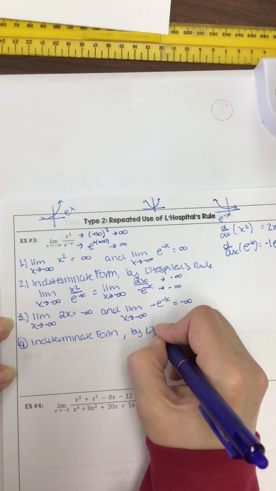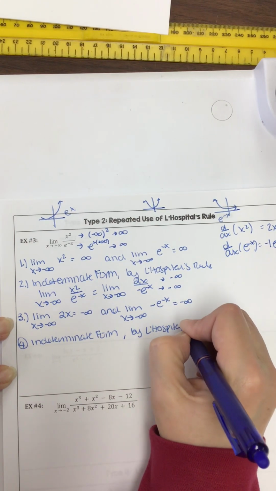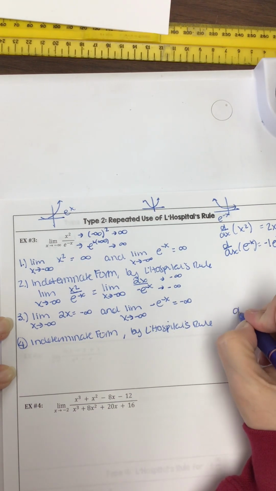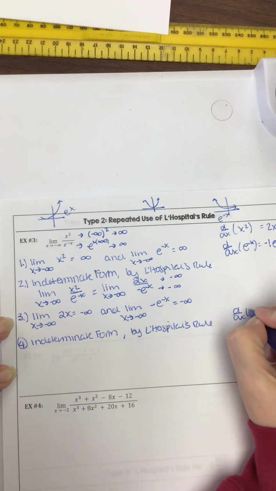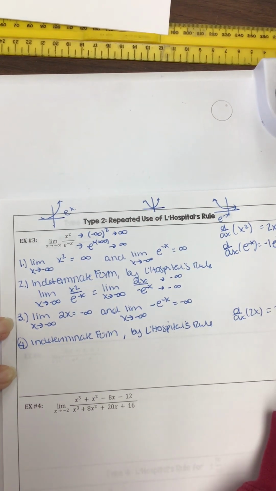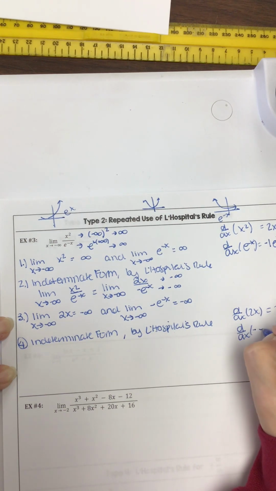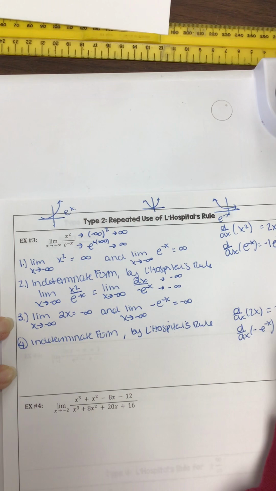So by L'Hopital's rule, we got to do the derivatives. The derivative of 2x is 2. And the derivative of negative e to the negative x would be positive e to the negative x, wouldn't it? Is that fair? Because it'd be negative e to the negative x, and the derivative inside would be negative, yes?